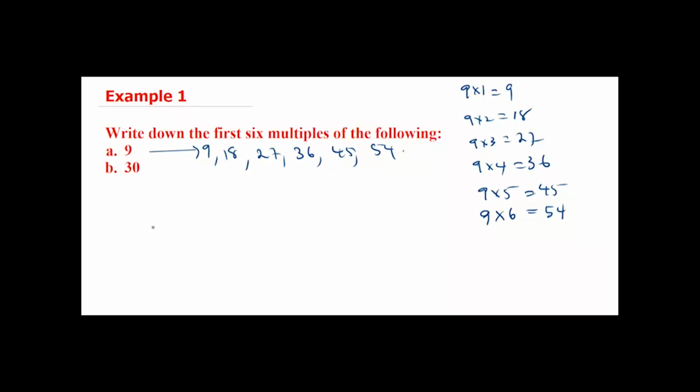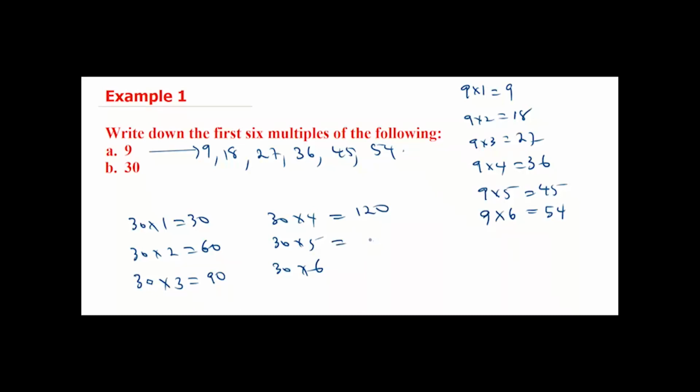To get the first 6 multiples of 30, we do the same thing. So we can say 30 times 1, 30 times 2, 30 times 3, 30 times 4, 30 times 5, 30 times 6. So 30 times 1 will be 30, 30 times 2 will be 60, 30 times 3 will be 90, 30 times 4 will be 120, 30 times 5 will be 150, and 30 times 6 will be 180.